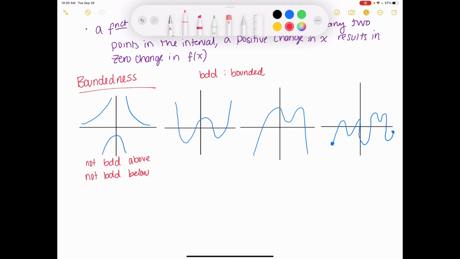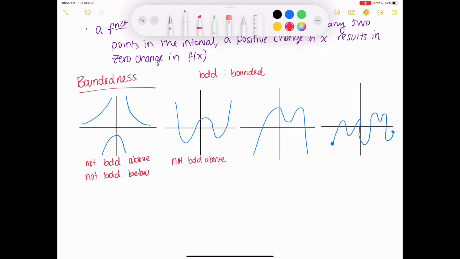On this next one, it keeps going up to infinity in the y direction, so it's not bounded above. But at the bottom, you notice that it hits, turns around, comes back down, and hits and turns around again.